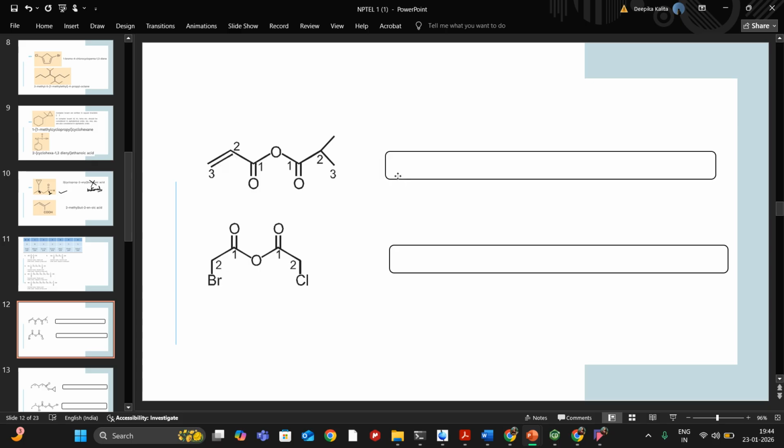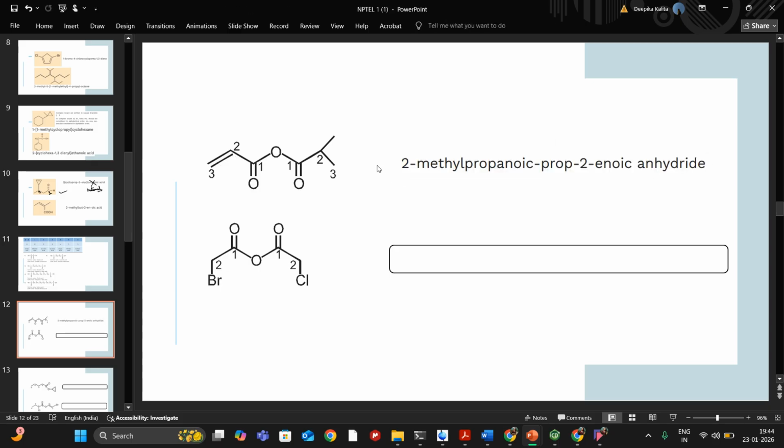Hence, if we have to name it, we will go from the side where we have a substituent. So it will be 2-methylpropanoic, and on this side we have an alkene, so it will be prop-2-enoic.